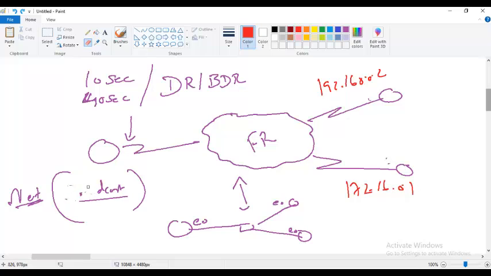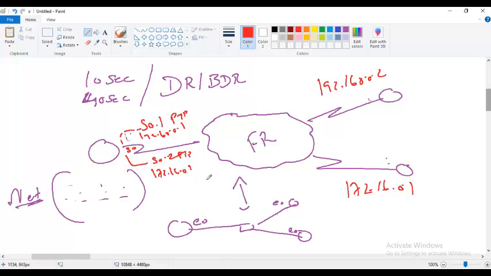We create 2 subinterfaces on the hub router. Let's say serial 0.1. This is serial 0, the physical interface. Serial 0.2, point-to-point. And we give IP address 192.168.0.1 here. And here we give 172.16.0.1.